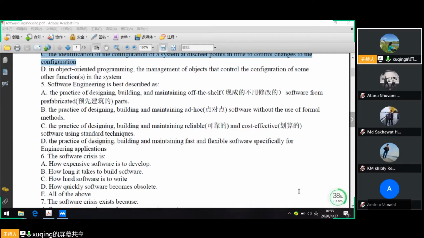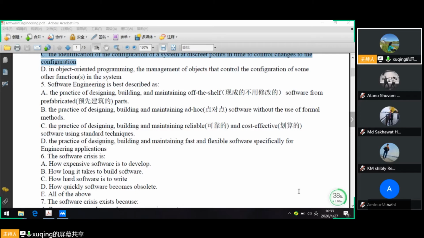Okay, we'll begin with these 2 exercises. For the 6th one, we ask about the software crisis. Yeah, software crisis. It includes all these 4 answers: how expensive software is to develop, how long it takes to build software, how hard software is to write, how quickly software becomes obsolete.